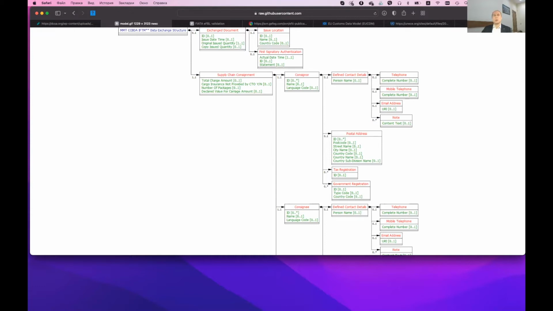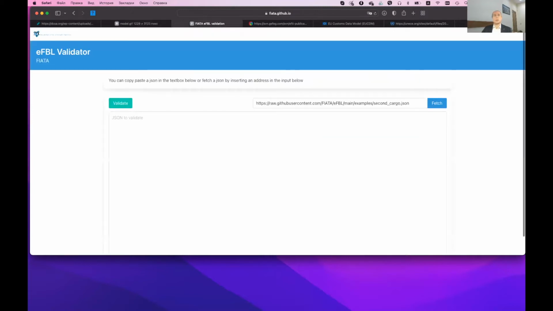Both of these tools are used to provide trust for the electronic document regardless of the jurisdiction of the issuer and receiver of this document, through the trust of the FIATA. The information model for FIATA EFBL also includes the EFBL validator. This is a solution that can help recheck the conformity of the EFBL electronic document to the FIATA requirements.